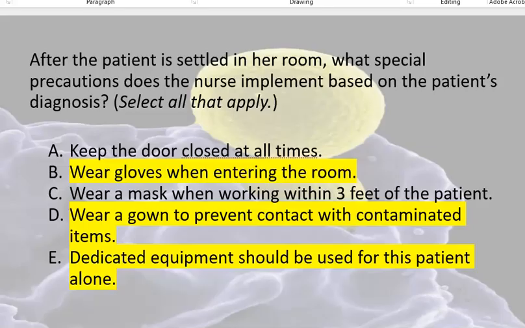Hand washing should be performed before leaving the room. There should also be dedicated equipment for the patient to prevent the spread of infection. A mask should be worn with airborne or droplet precautions. The door should be kept closed with airborne precautions, not contact precautions.